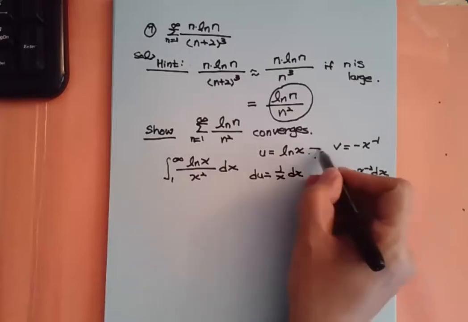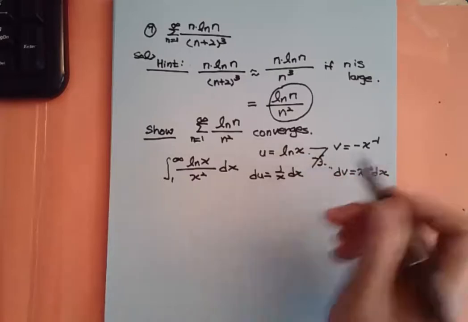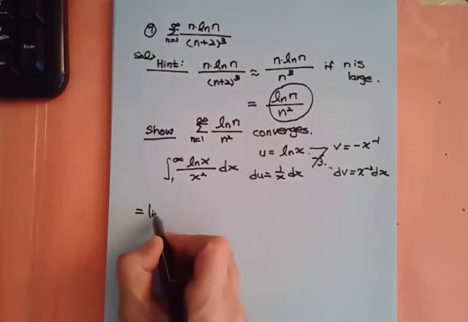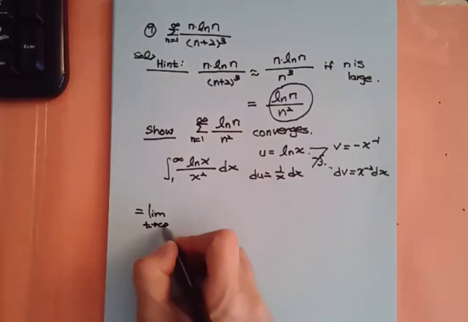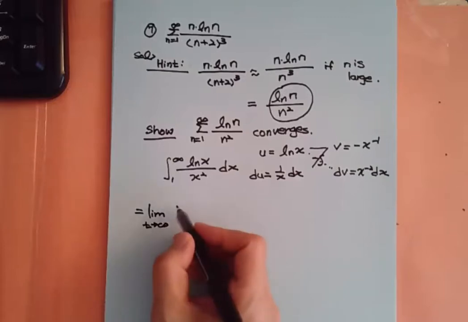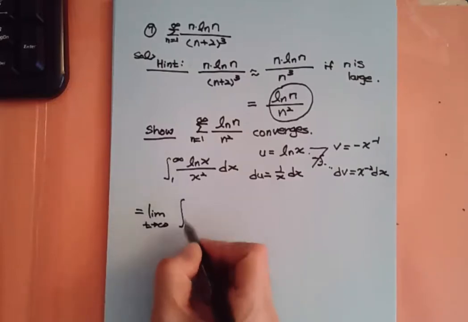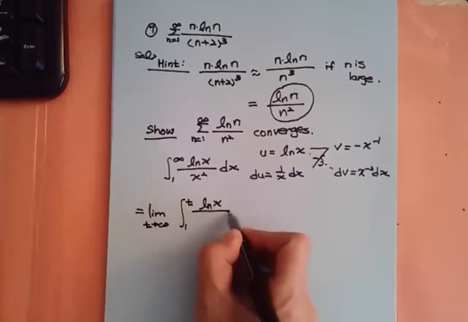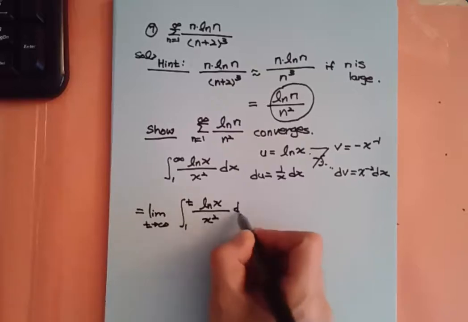This is an improper integral, so we will put the limit as t goes to infinity of the integral from 1 to t, natural log of x over x squared dx.